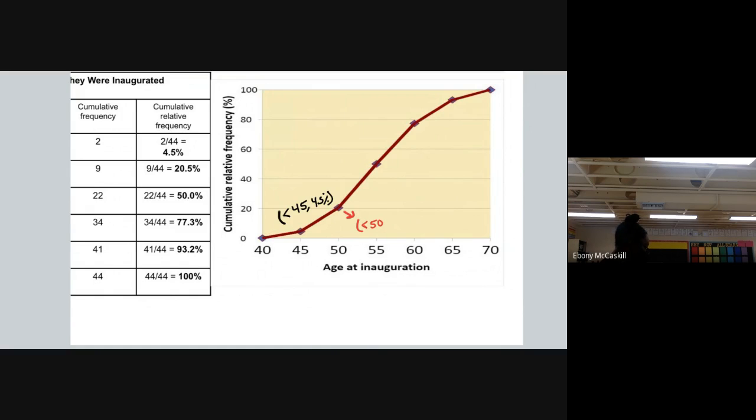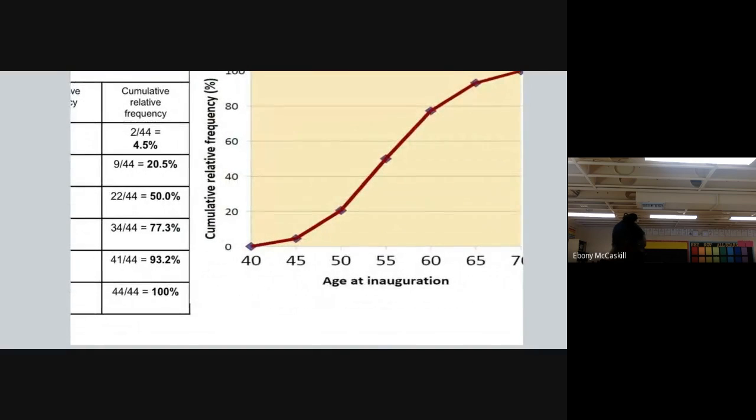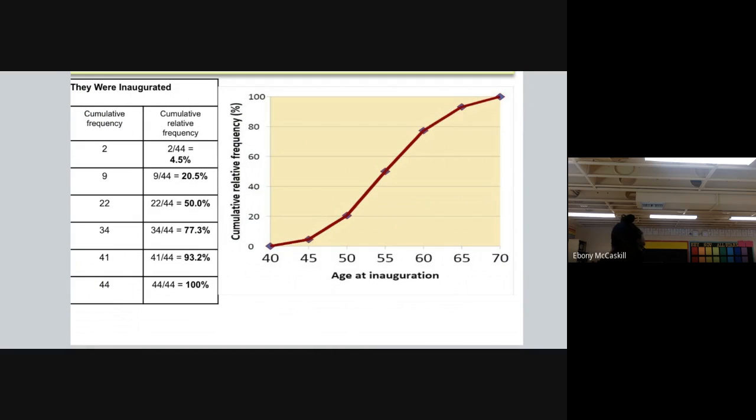I'm going to erase it. I'm just going to write it a bit smaller, okay? I'm going to write the same stuff. You'll be fine. So this one here, this is everyone that's younger than 40. That's 0%, okay? So this less than sign means younger. No one is younger than 40.